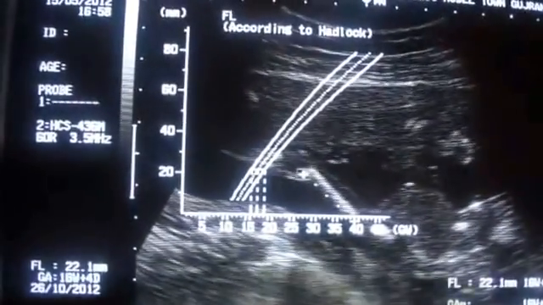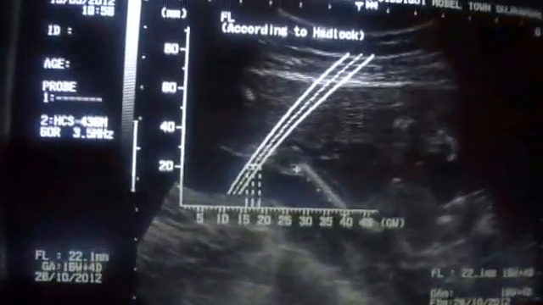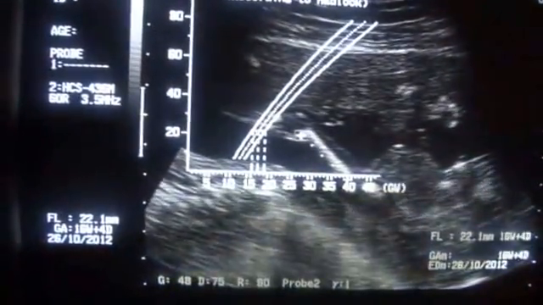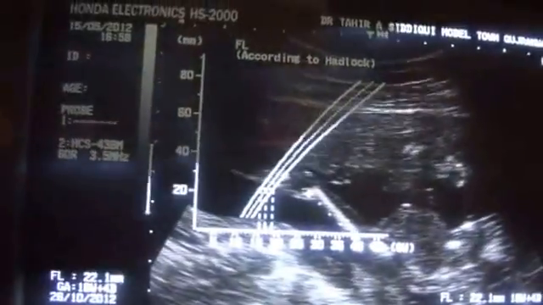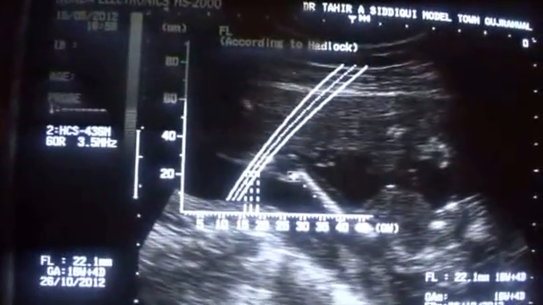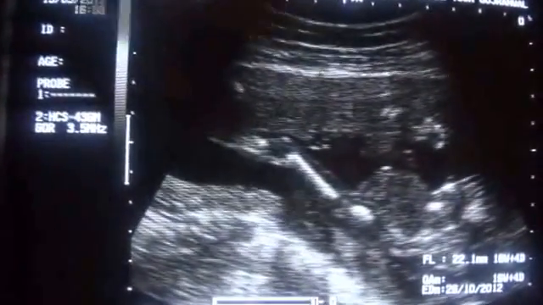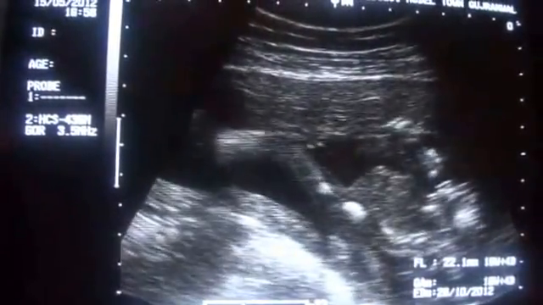Let's see what this is. This is a 16 weeks pregnancy. Femur length is 2.2 centimeters, and that corresponds to the gestational age of 16 weeks.